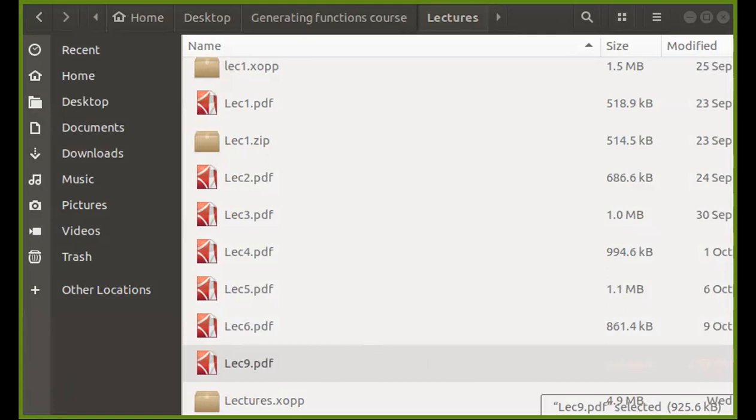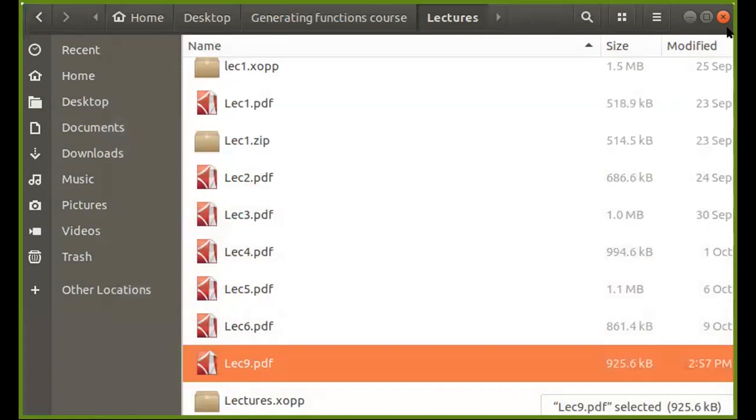Okay, let me just share this file with you. Have you shared only the Explorer? From the Explorer, I have lecture 9.pdf open on my desktop, but when I'm sharing... Ma'am, are you sharing a window or the entire screen?